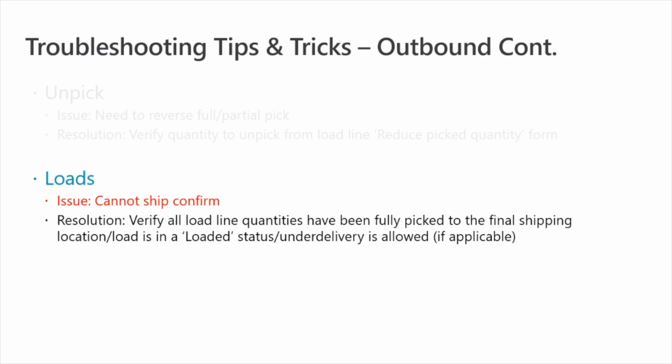So everything needs to be in that location, not another outbound location, such as still in a packing station or some other outbound staging location. We also want to make sure that the load is in a loaded status, and that if it is short, you have to specify an under delivery tolerance on the load line to be able to confirm it without the full quantity.